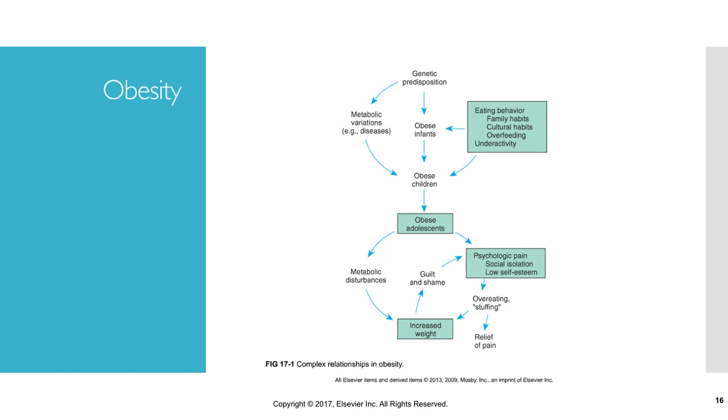Obesity has a lot of variables involved with it. For instance, there is a genetic predisposition in some cases. If you follow the family back generation by generation, you see overweight people. I look at my own family, and on my mother's side there are a lot of obese people. On my dad's, there are not as many, but I can go back to pictures three generations behind me, and these people were farmers.